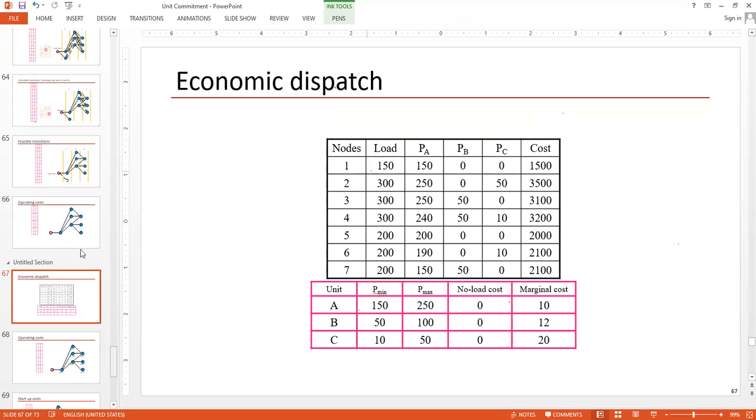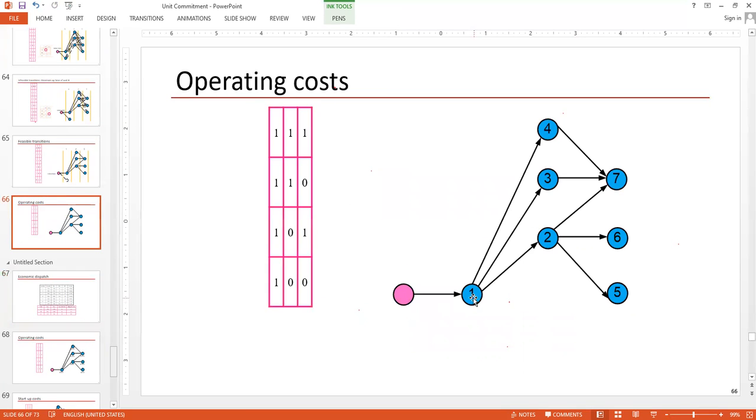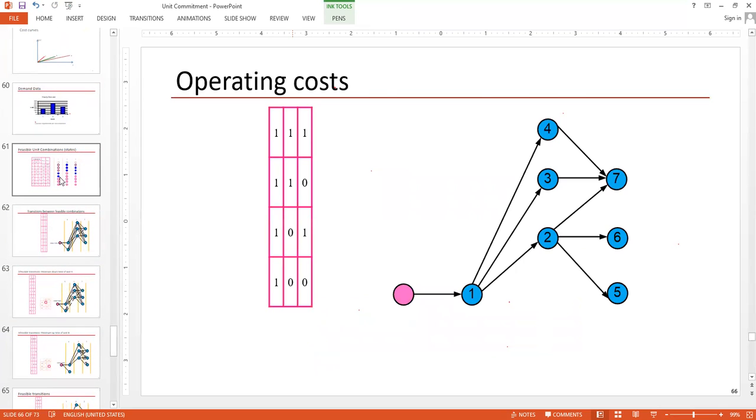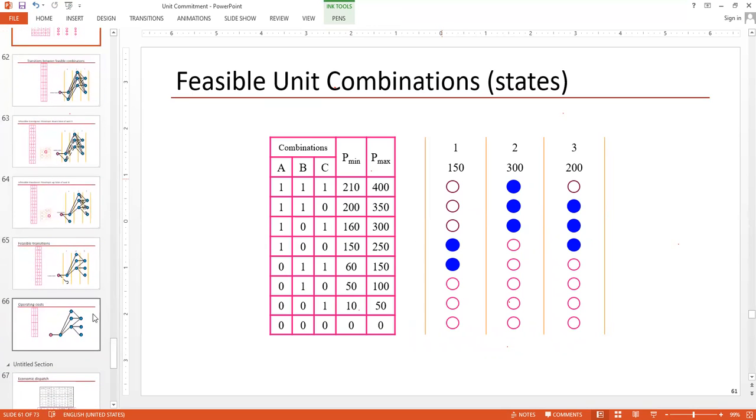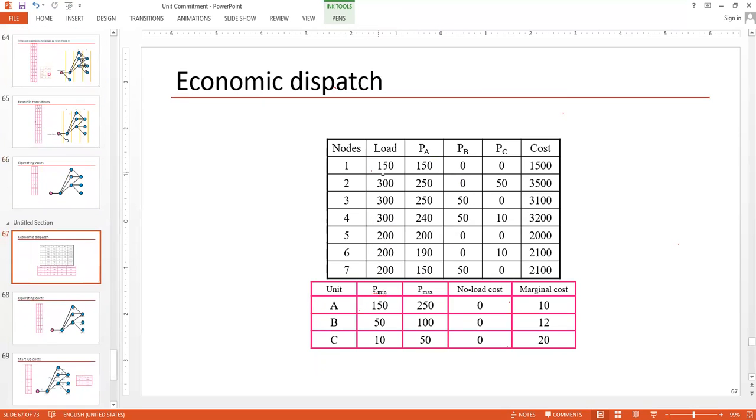Node number 1, what is the load? Node number 1 can satisfy 150. Remember unit A, 100, it is satisfying 150. Remember the demand was 150. So the load demand for node number 1 is 150.